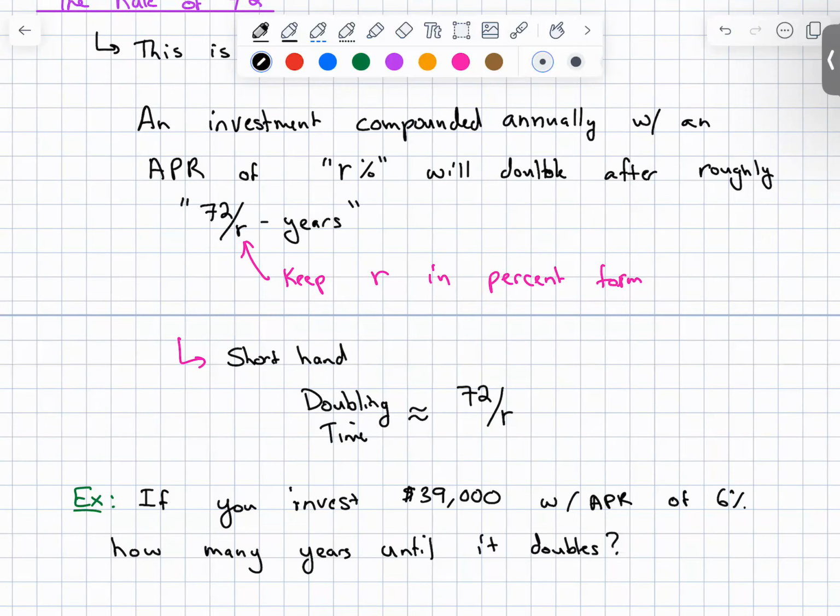I just don't want to make you write so much, but in the problem statement, it'll usually say, use the rule of 72. So on your homework, it'll say, use the rule of 72. And that's what this is.